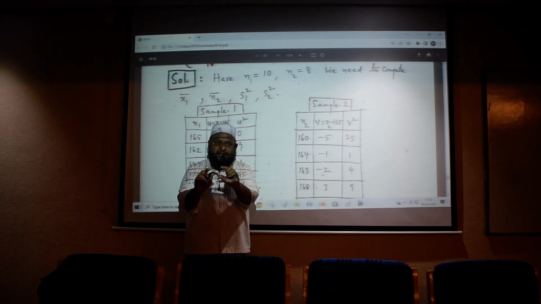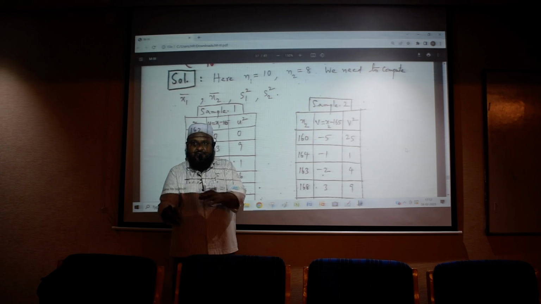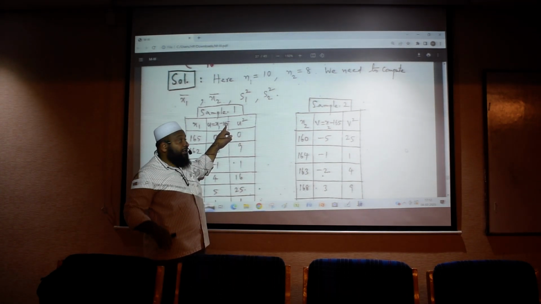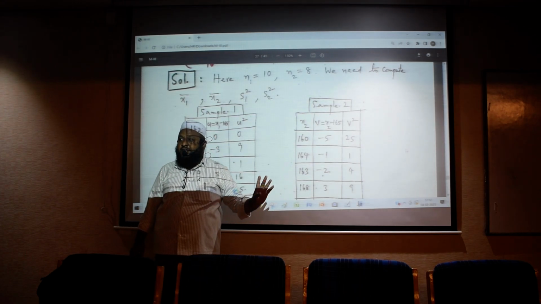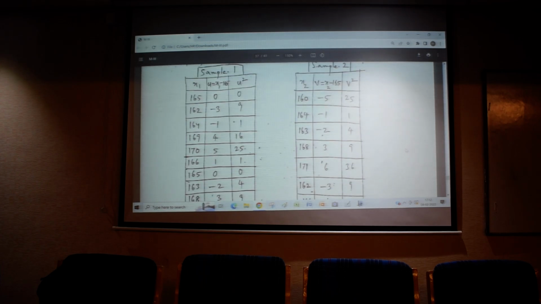You can take it averagely; you don't have to do exact calculation. Even if you do it with 170, the same result will come. Are these two tables clear to you?